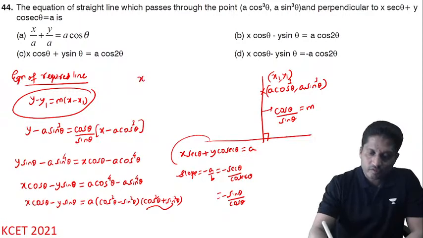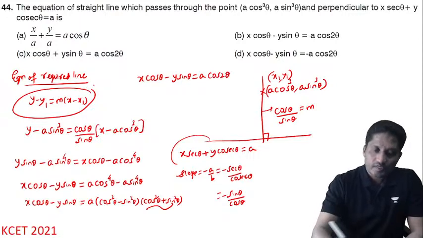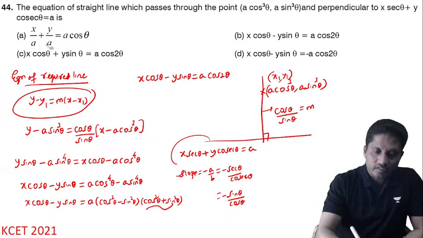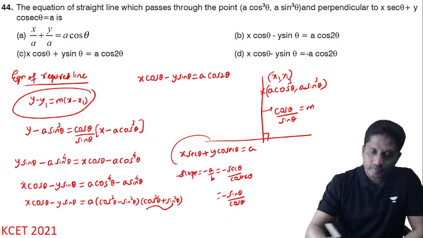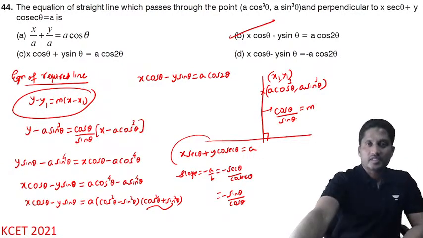So this becomes x cos theta minus y sin theta is equal to A into cos 2 theta. The answer is option B. B for Bangalore. Right, let's move to the next question.